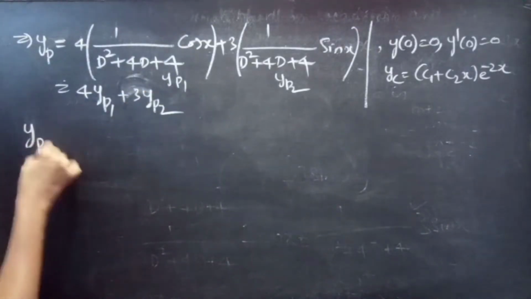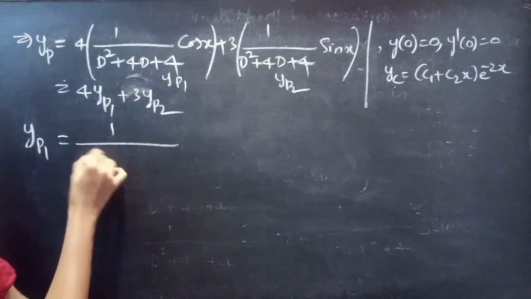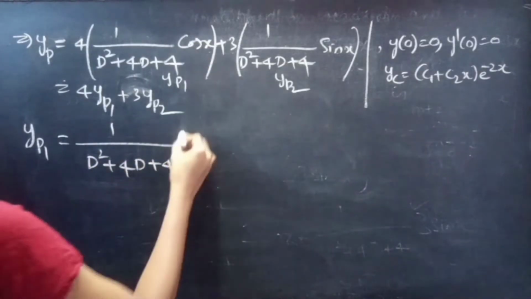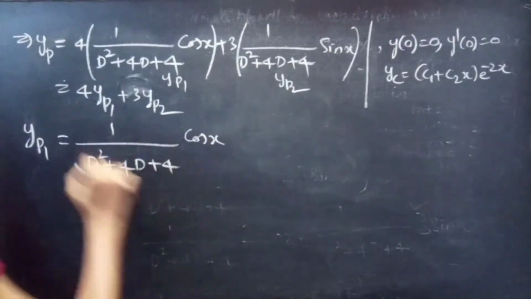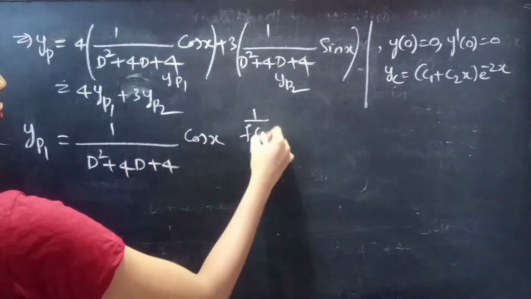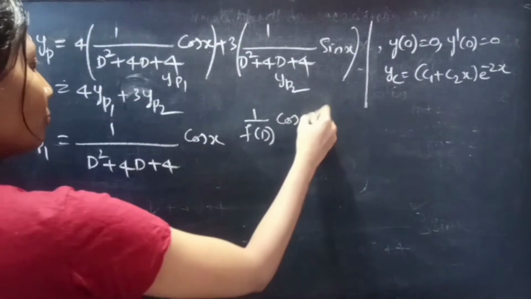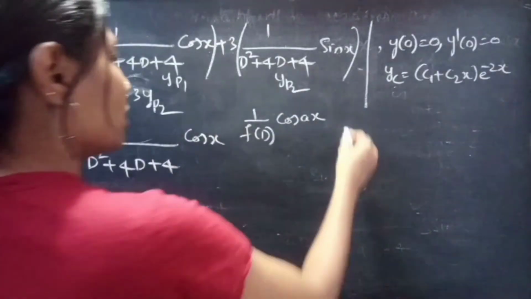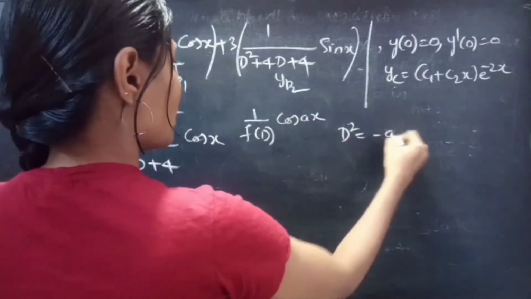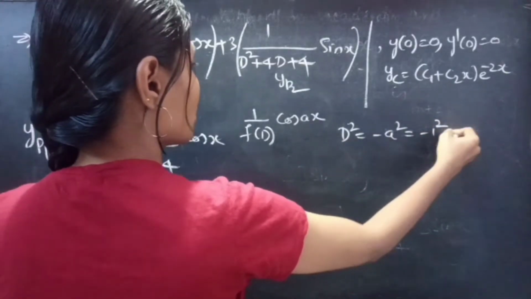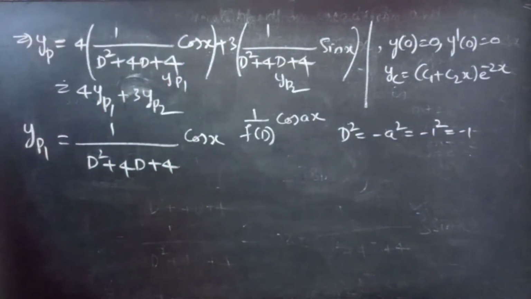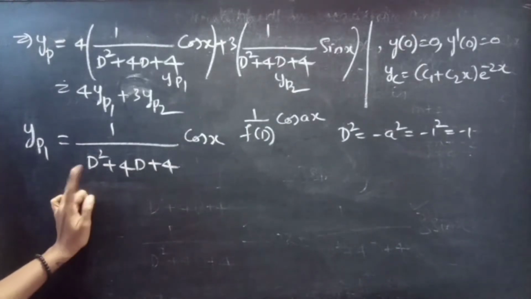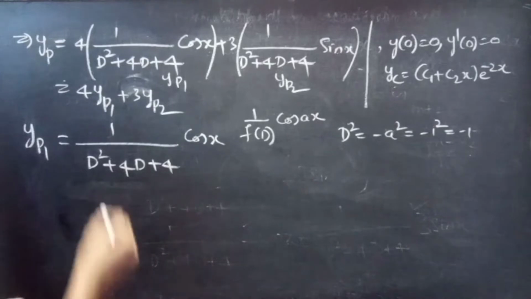Firstly, let's find yp1. We have 1 by f of D into cos x. So this is of the 1 by f of D into cos ax form. Then for a equals 1, we need to find D square, which is given by minus a square. Then for a equals 1, we'll get minus 1 square, which equals minus 1, right? Now, we'll replace D square by minus 1 and see what we are going to get in the denominator.